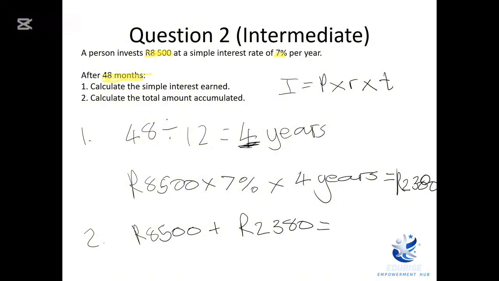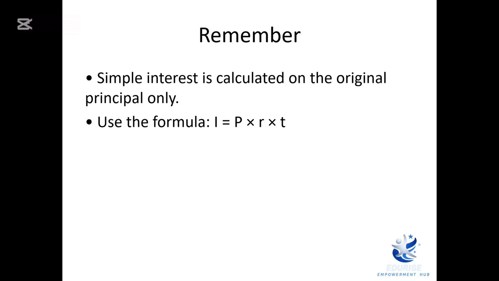If you add 8,500 plus 2,380, it should give you 10,880 rands. So we answered number 1, calculate the simple interest earned, which was 2,380 rands, and then the total amount accumulated, which was 10,880.